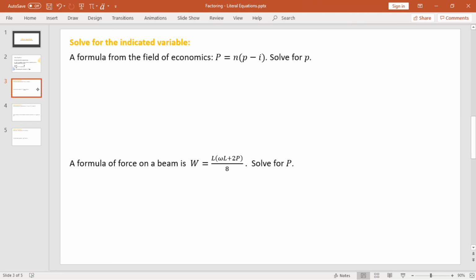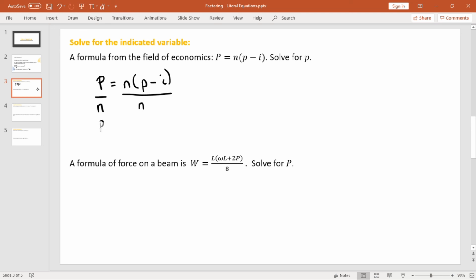Okay, so my original formula, I want to solve for little p, but right now it is for big P. So I'm going to write it down again. And we're just peeling the onion here. The first thing I see is I can get rid of that n, which is stuck on the brackets by multiplication. So I'm going to divide both sides by little n.